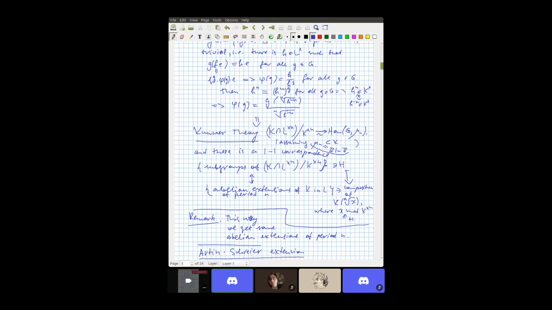Any abelian extension of period n corresponds to a certain subgroup of G such that the quotient by this subgroup is of period n, and of course all such subgroups are captured by homomorphisms to μ_n, which is a cyclic subgroup of order n.